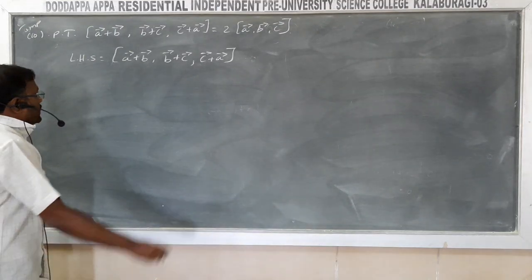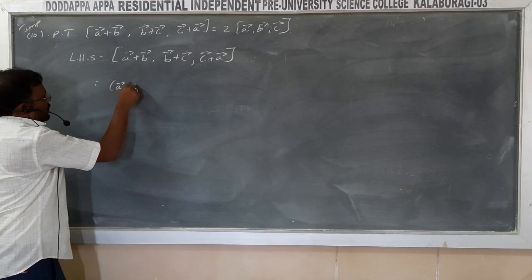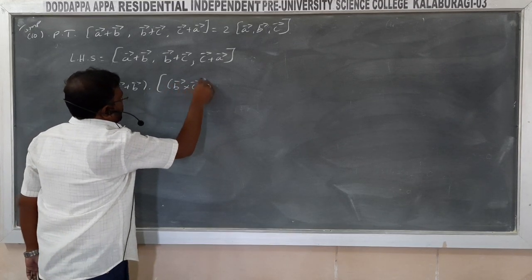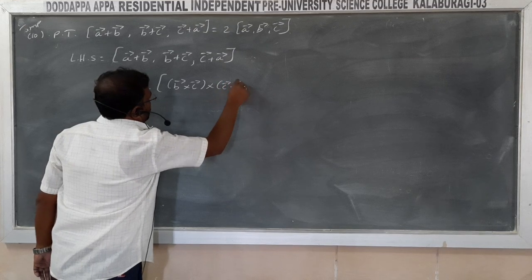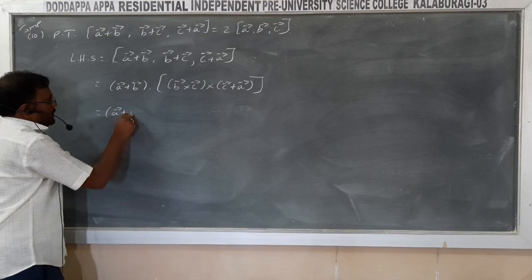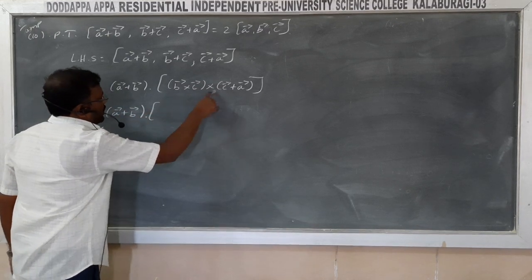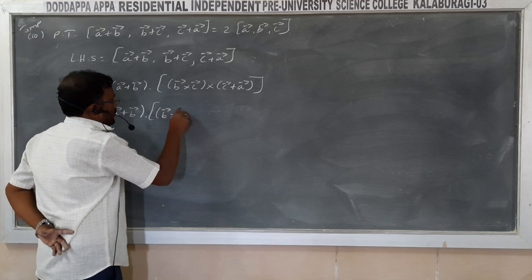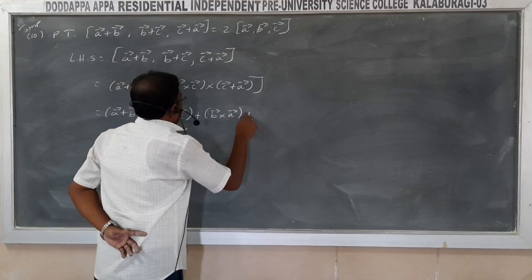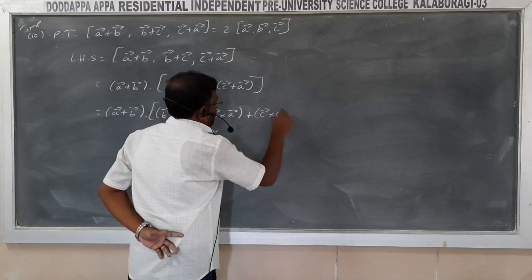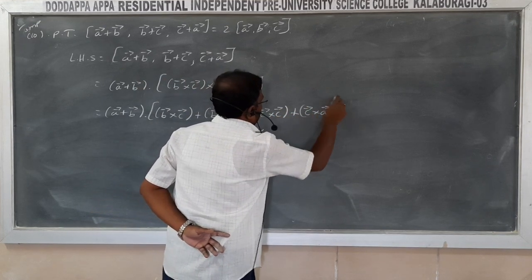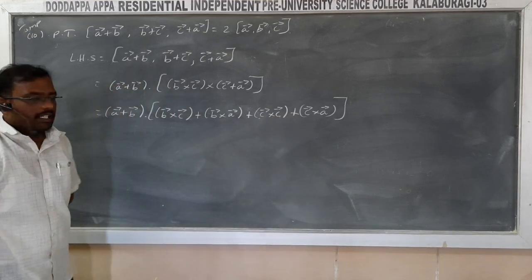By the definition of scalar triple product, you can write this as A plus B dot B plus C cross C plus A. Now you can simplify: A plus B as it is, dot B cross C plus B cross A plus C cross C plus C cross A. When you get the same vector in a cross product, you can write that as 0.